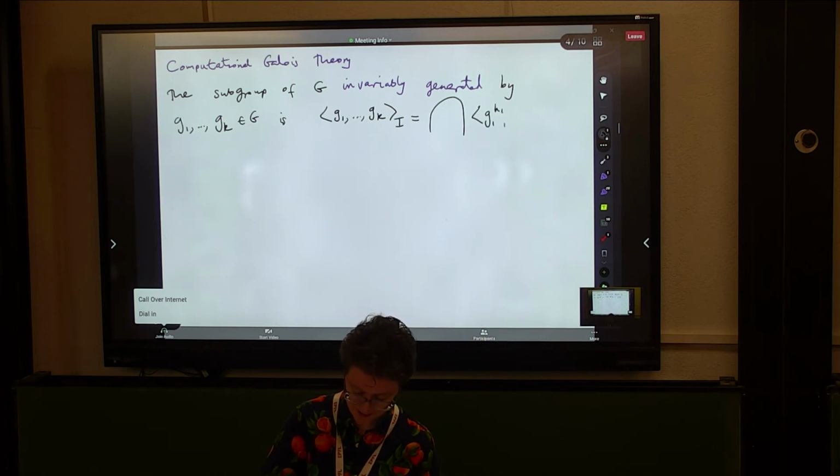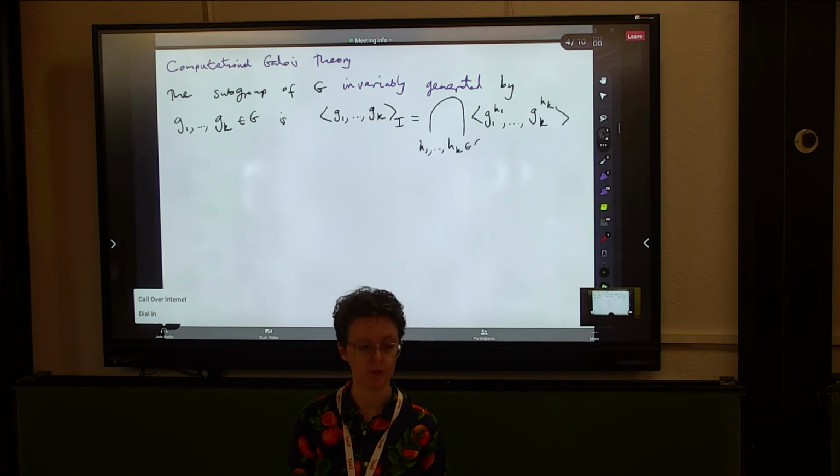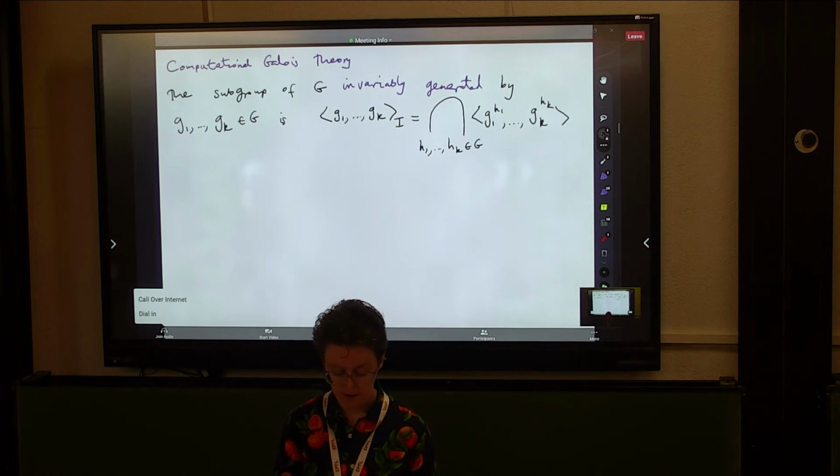Okay. Here we go. And I'm going to take the intersection over all possible tuples in G. Okay, this looks weird.